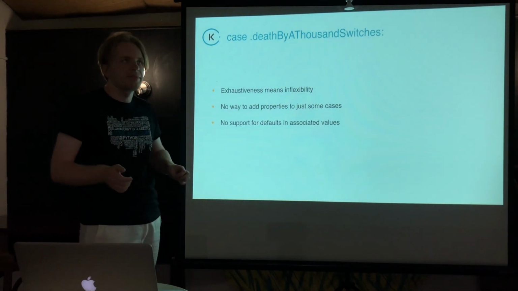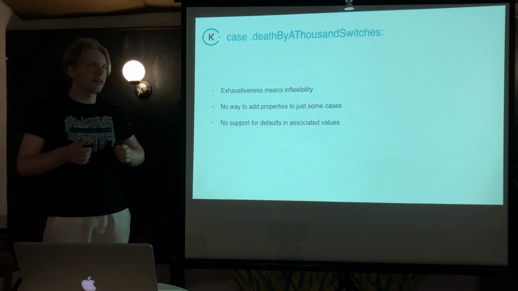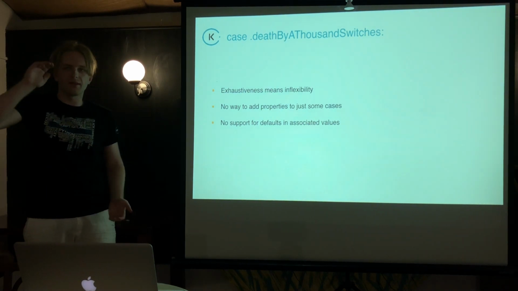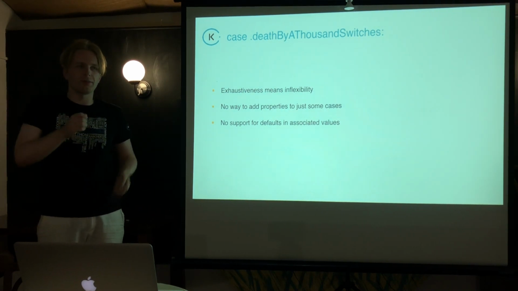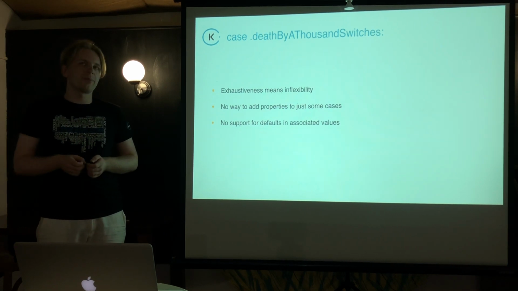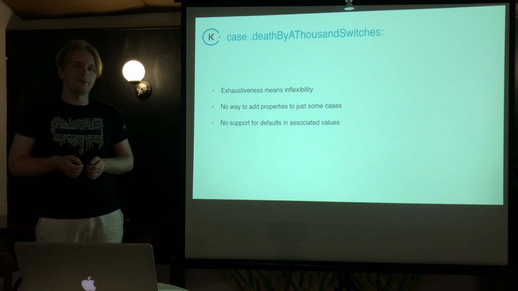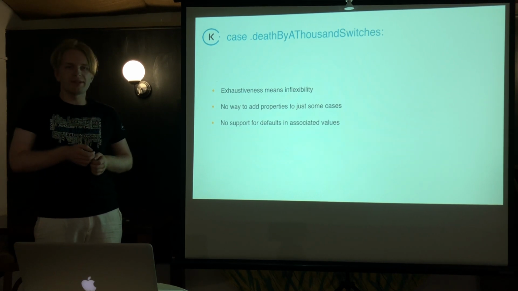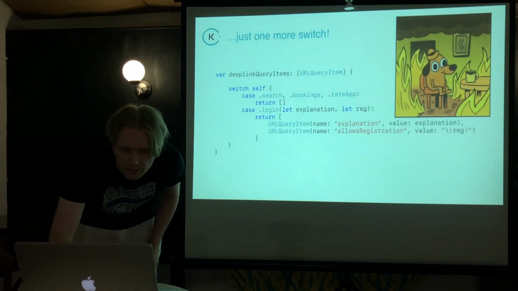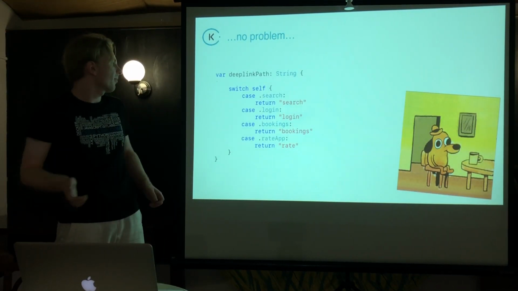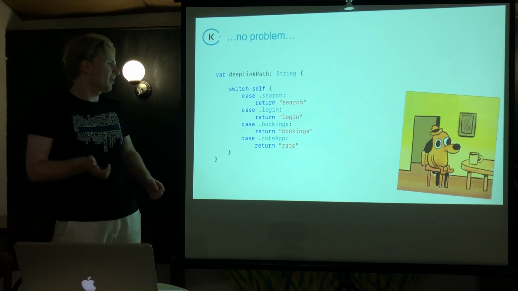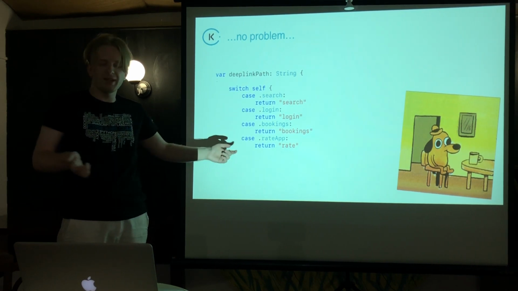So the enum certainly had its uses. It was nice to be able to see everything that the app can do on one screen. But what we couldn't do, for example, was have properties for only some cases. If I go back here, I don't think it makes sense to have a deep link to the rate app dialog.